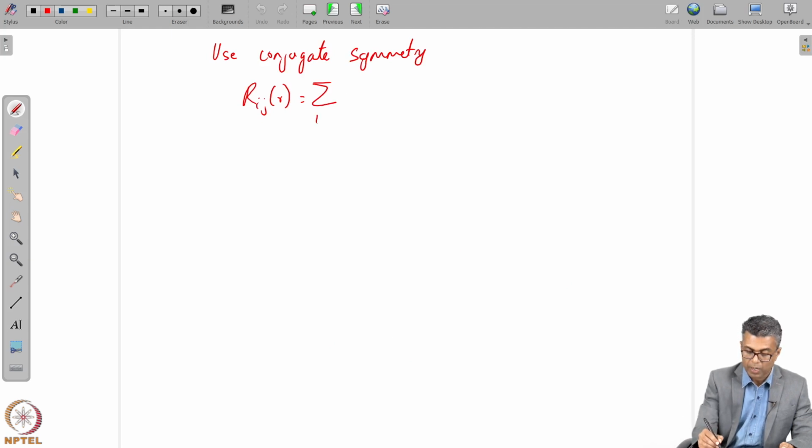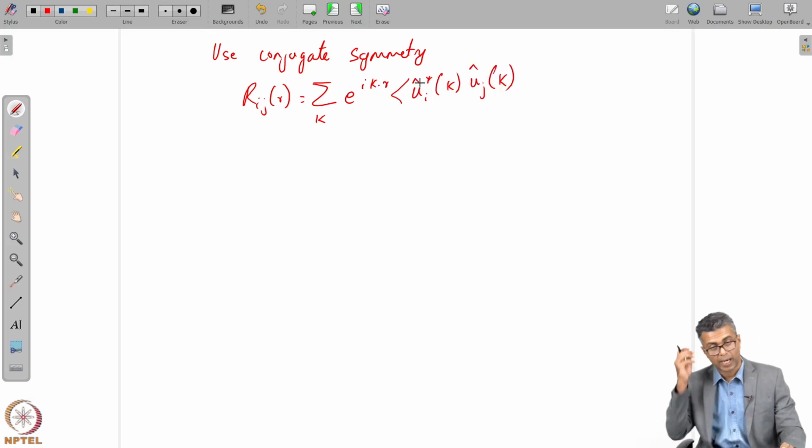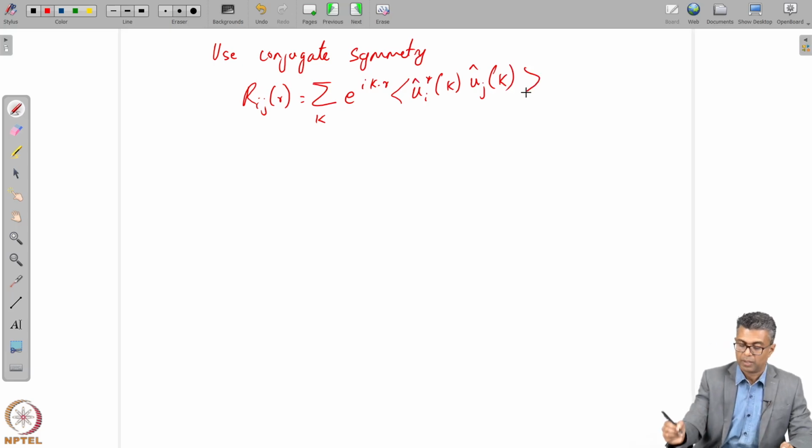So this is a summation over kappa of e to the i kappa dot r. Of course, kappa and r are vectors, by the way. Then I have u_i hat star of kappa and u_j hat of kappa, where the star is the conjugate. This is what I have by using conjugate symmetry.